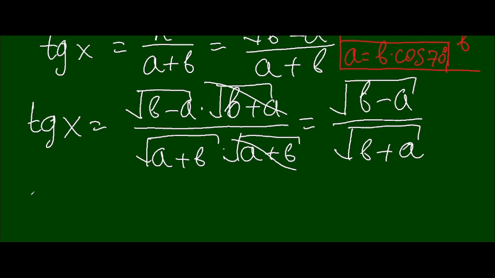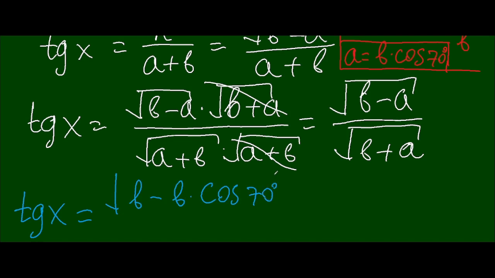Now we'll write down tangent x. Tangent x will be equal to the square root of b minus b times cosine 70 degrees over b plus b cosine 70 degrees.